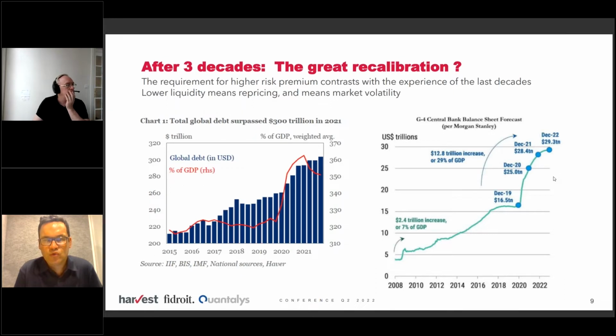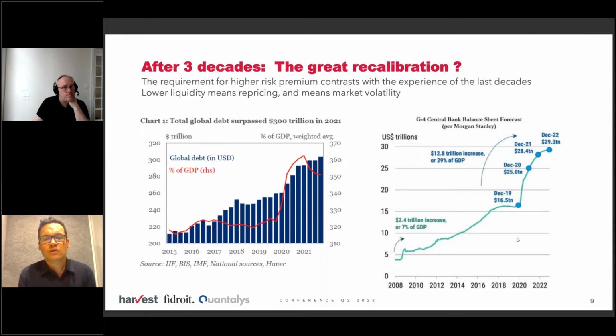Probably the new paradigm. Just to illustrate this new trend, the fact that central banks are diminishing their balance sheets. On the left, you can see the increase of the balance sheet globally in the world, in percentage of the GDP, but also in the global debt in trillions.